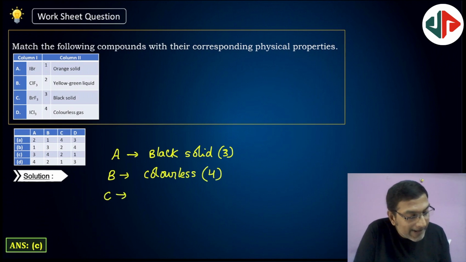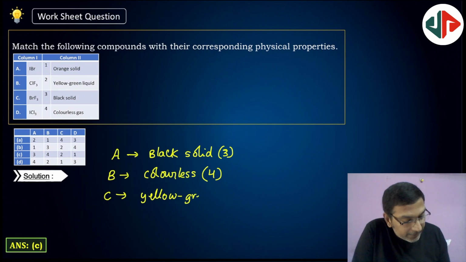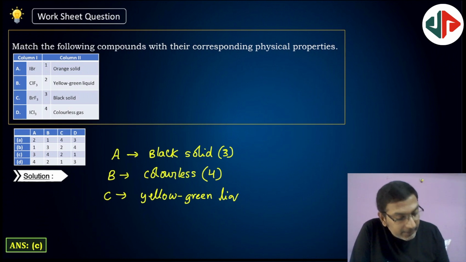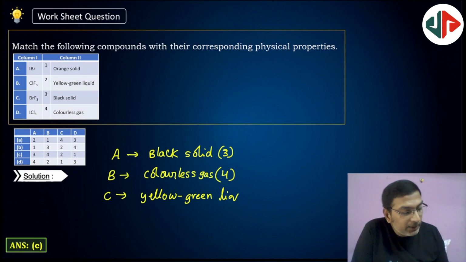Next C, yellow green liquid. So second one, colorless gas. Green, yellow liquid.